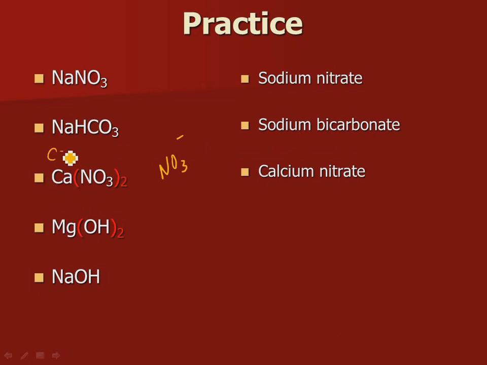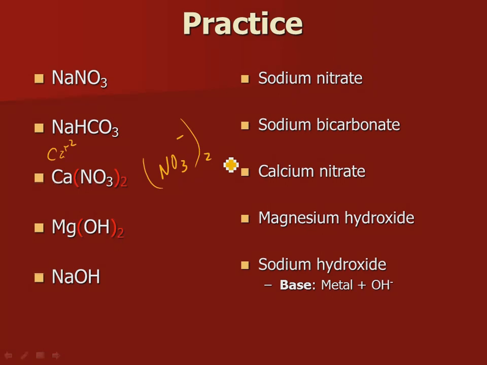Calcium has a +2. So I'm going to need two of these to neutralize that calcium with a positive 2 valence. How about MgOH2? Magnesium hydroxide. And finally, sodium hydroxide.